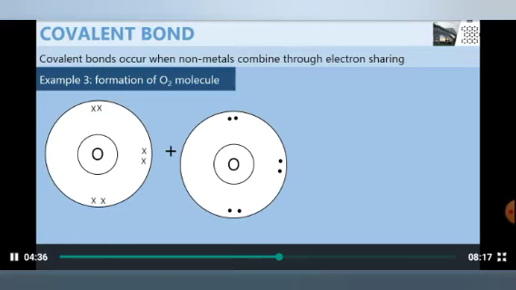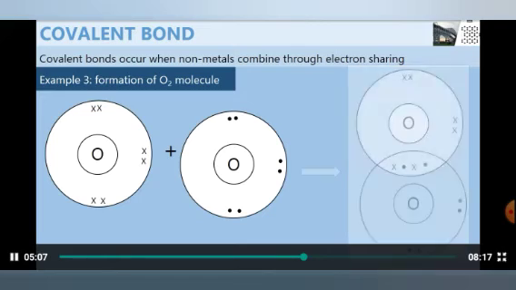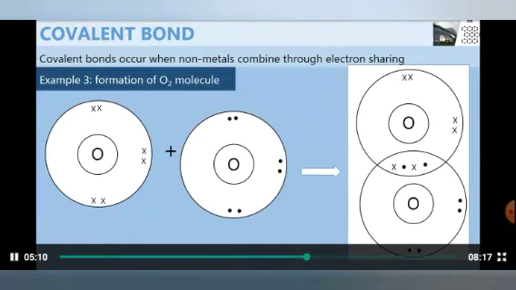The next example is the formation of oxygen molecule. Now, for oxygen molecule, let us just ignore all the other energy levels and consider the outermost energy level. So the first circle represents the nucleus, and this one now is the outermost energy level. Now, in this case, oxygen requires 2 electrons to obtain a stable octet configuration.